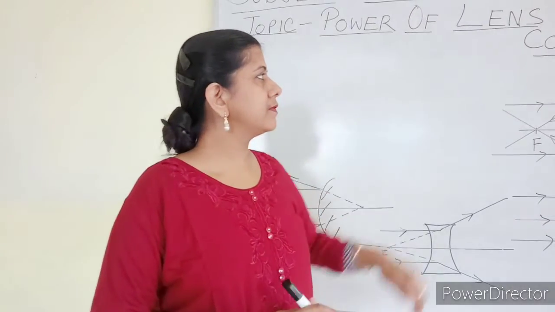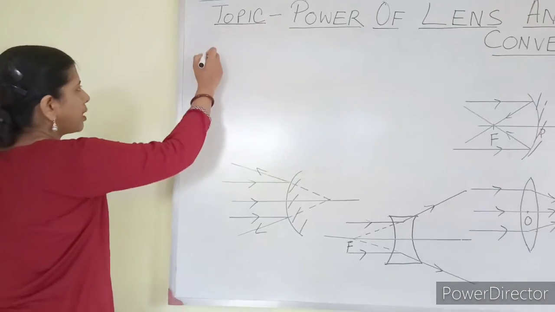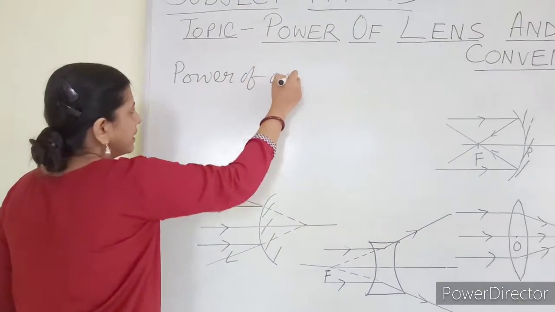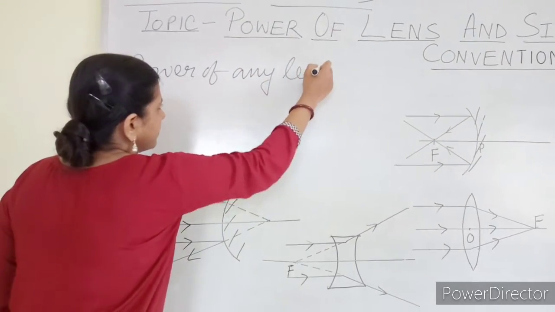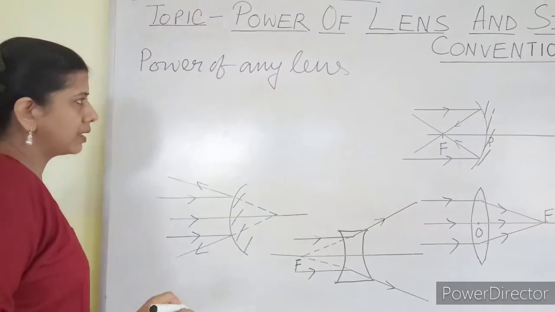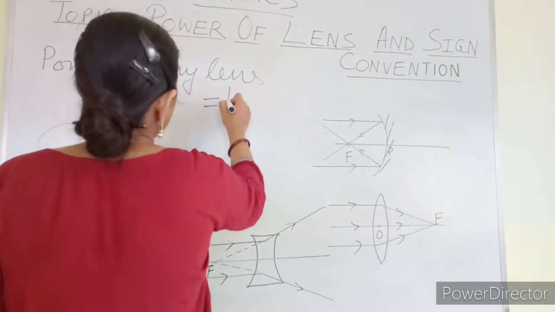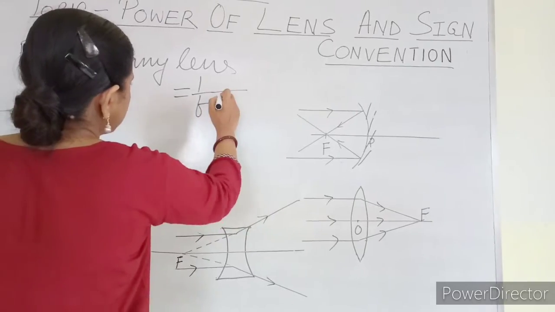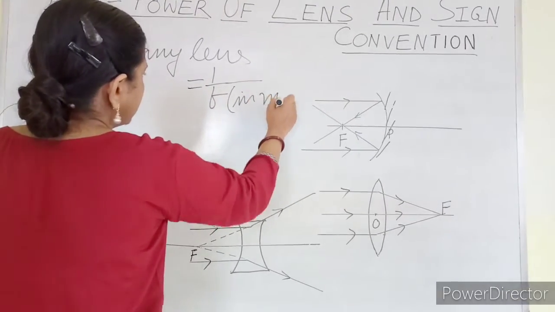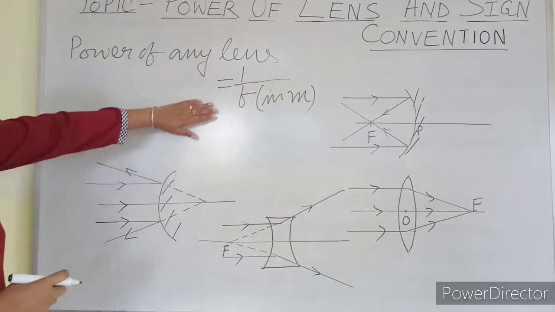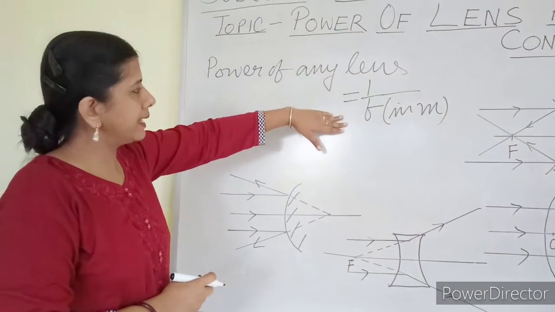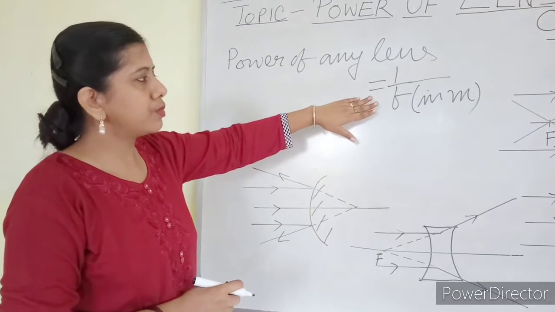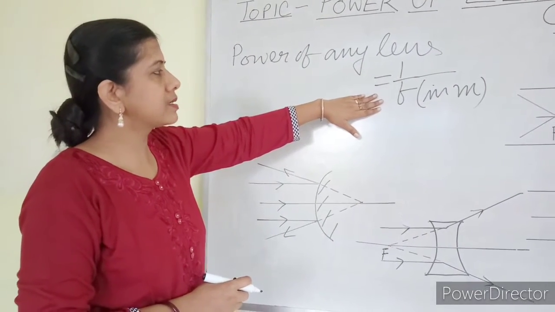So before sign convention, I want to discuss power of a lens. Power of any lens is given by the formula P equal to 1 by f, but f should be in meter. 1 by f means 1 by focal length of the lens, whatever it may be, applicable for both concave and convex lens.